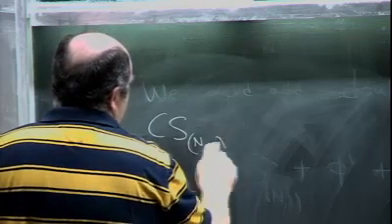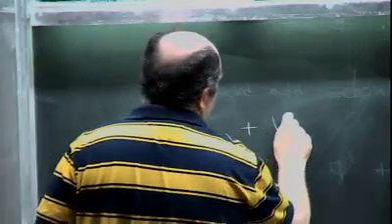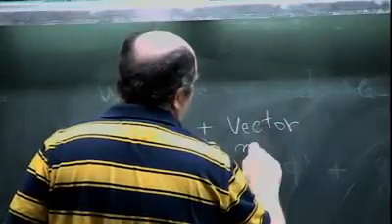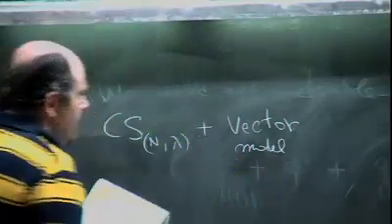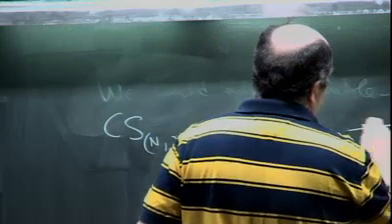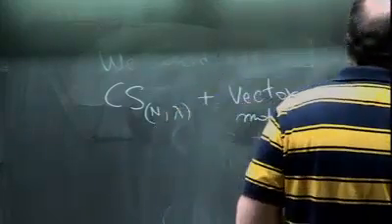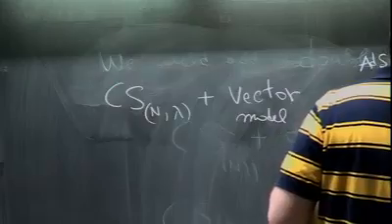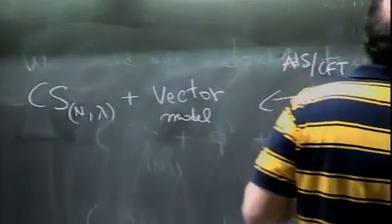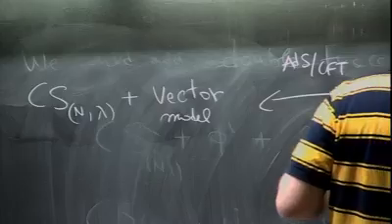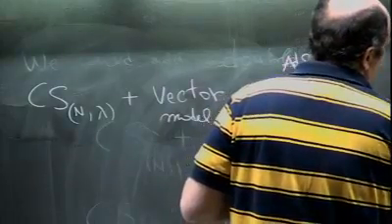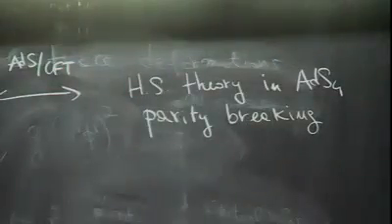So this basically led to a generalization of the Klebanov-Polyakov conjecture: that Chern-Simons coupled to vector models, fermion or scalar, must be dual to some higher spin theory in AdS4, which will be a parity breaking theory, because on the CFT side the addition of the Chern-Simons term breaks parity.